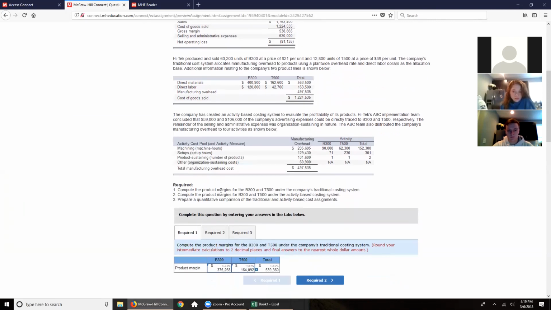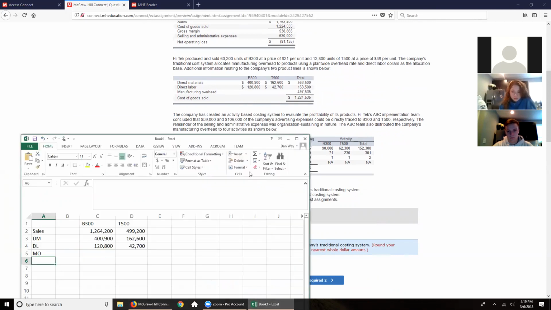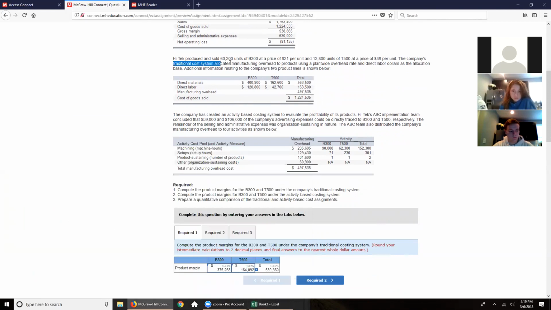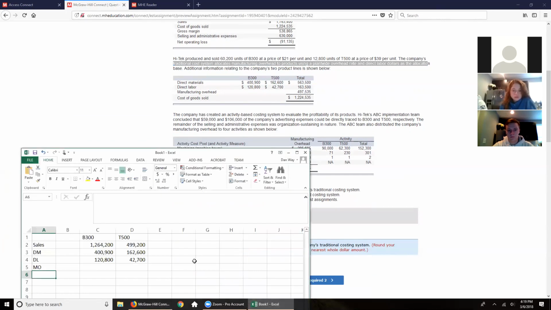The first part asked us to do product margin under our traditional costing system. In our setup, it told us that normally we would allocate overhead using a single plant-wide overhead rate and direct labor dollars as our allocation base. So let's figure out first what our plant-wide rate would have been.